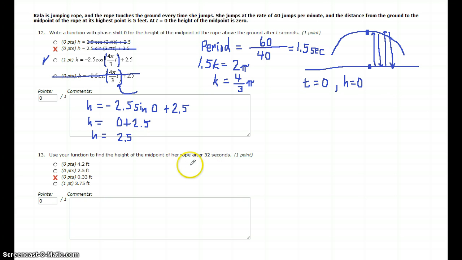We could just use the formula outright and type in h equals negative 2.5 cosine of 4 pi over 3, and the t in this case is 32, so I would put in a times 32 here, or 32 over 1, if you will, plus 2.5.